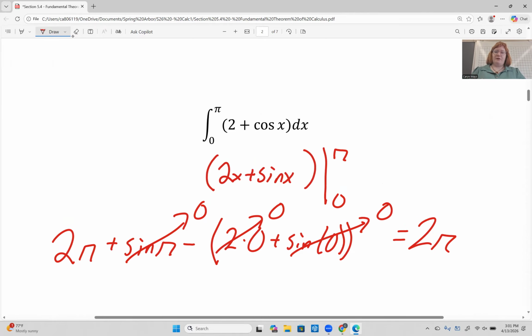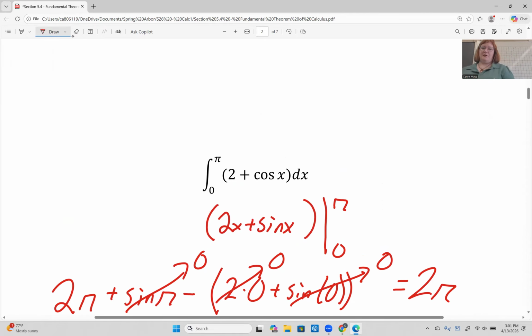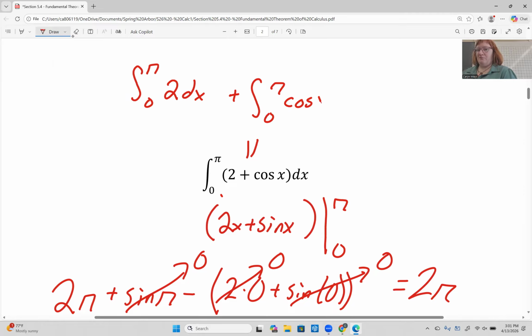Thinking about this in the area sense. We talked at the end of class Friday that if I have the sum of two things and I'm finding the area with that antiderivative, it's the same as saying what is the integral from 0 to pi of 2 plus the area from 0 to pi of cosine.